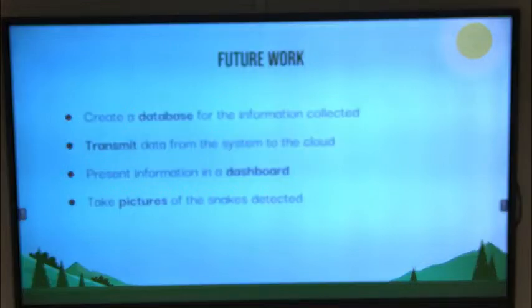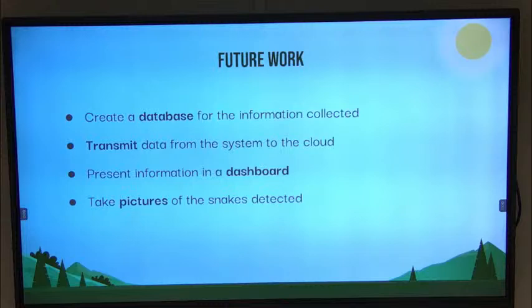So for our future work, we actually forgot to add this, but we would like to alter our antenna systems so that we can get more range out of them for this low frequency. But due to limited knowledge in this area specifically, we weren't able to create our own antennas.